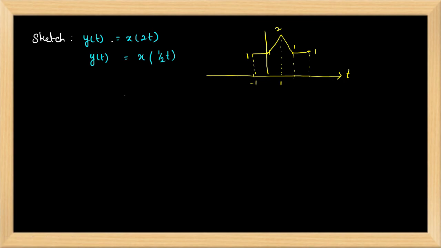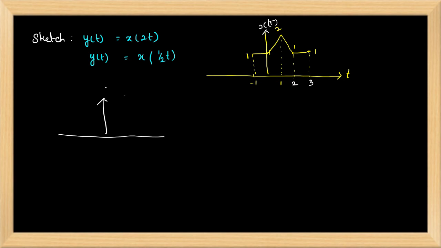Here we have the signal x of t. We have to sketch x of 2t and x of t by 2. When the scaling factor a is greater than 1, it will compress the signal. That means for every time value, this new signal will have half of its time value.